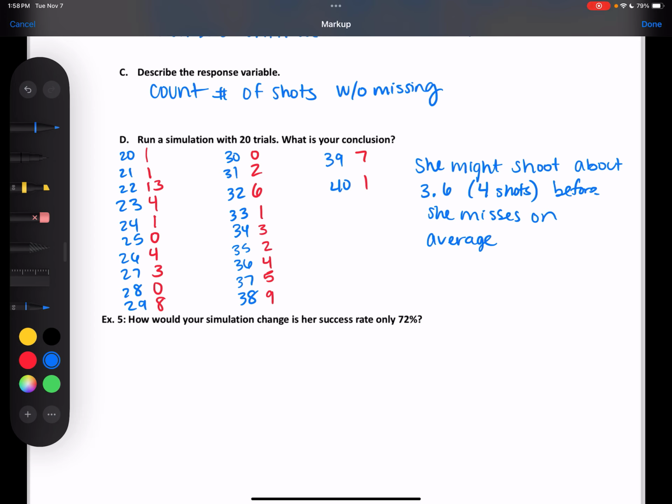Okay. Now, if you do it on your calculator, it can read numbers 1 through 100, and so you could just do 1 through 72 and 73 to 100, or you can do 0 to 71 and 72 to 99. But your calculator has the ability of producing the random numbers for you. So it would be a little different. So a couple options.